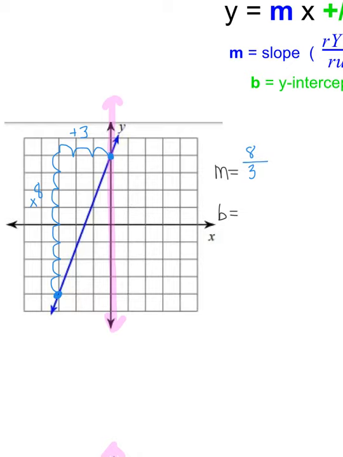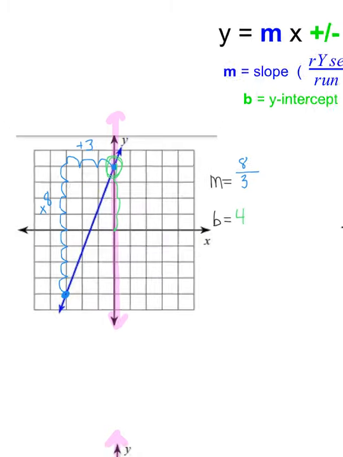Then I need to find my y-intercept, and remember, the y-intercept is where the line crosses the y-axis. I highlighted the y-axis in pink, so the blue line crosses the pink line right there. Here's my origin, 1, 2, 3, 4, it's at the 4. Now I'm going to fill that into my equation.